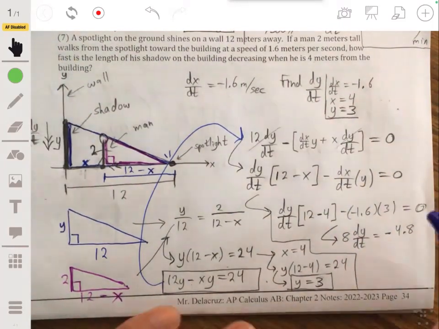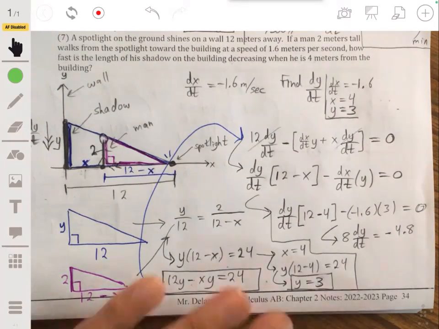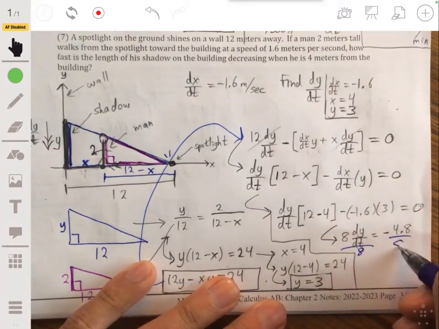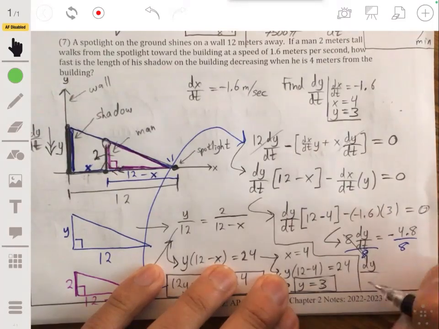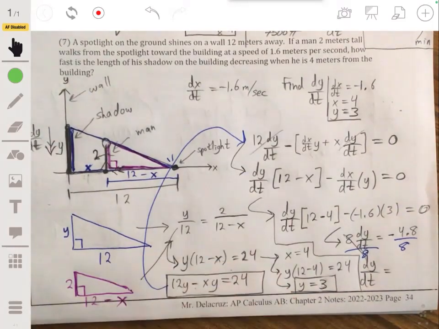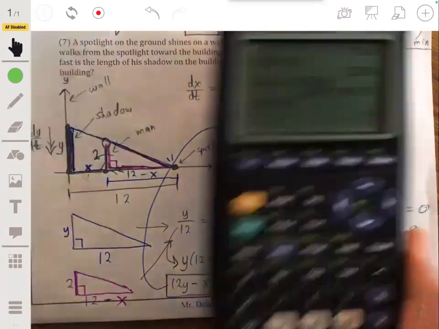I'm going to divide both by 8. And we'll get dy/dt will be negative 0.6.